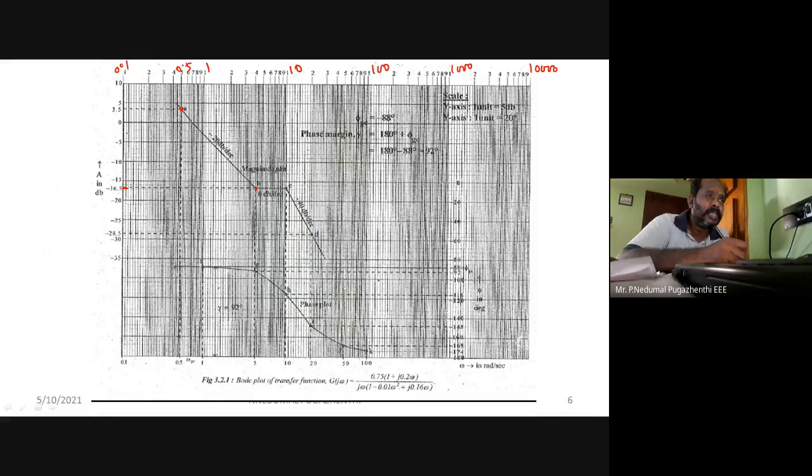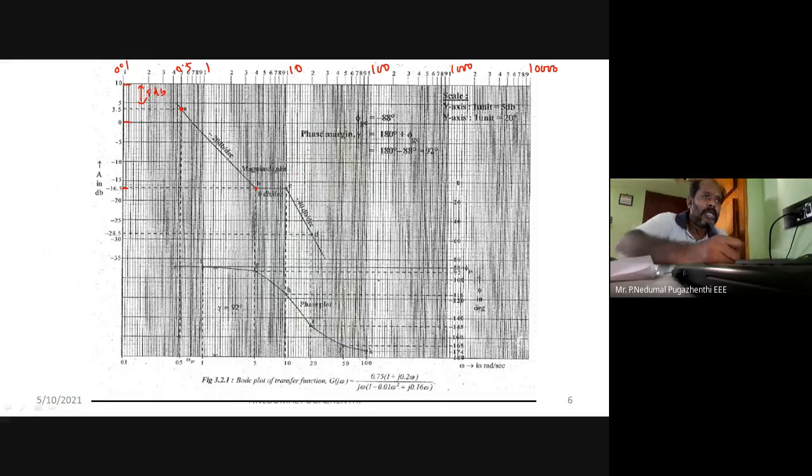If I take a scale where every unit on the y axis is 5 decibels, then I will get minus 10, minus 15, minus 20, and it goes on up to minus 28.5, so we have it like this.